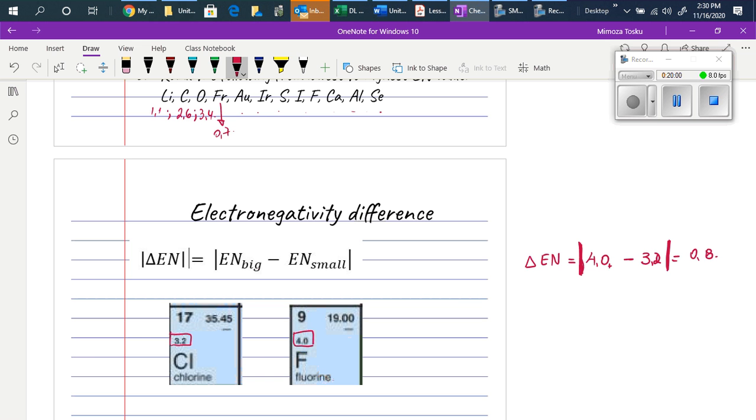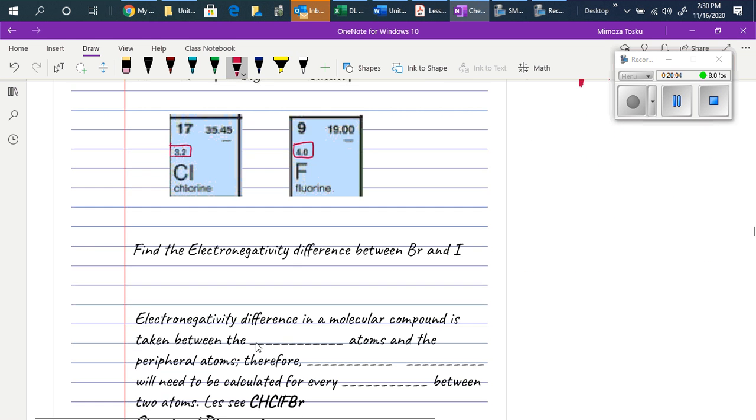Okay, so now let's figure out the electronegativity difference between bromine and iodine. Bromine has an electronegativity of 3.0 and iodine has an electronegativity of 2.7.